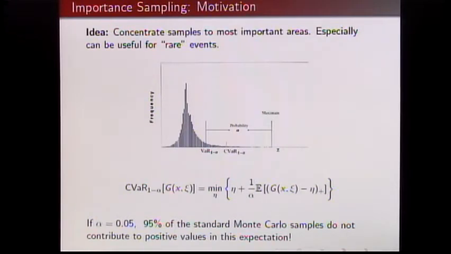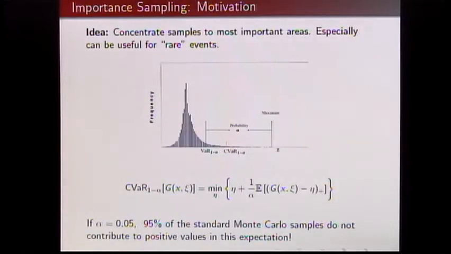Usually more useful, right? People use it for these rare events. So in optimization, CVaR, again, Tito must have talked about this: value at risk, conditional value at risk. Very commonly used risk measures.